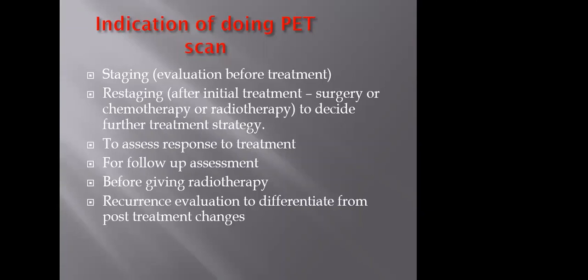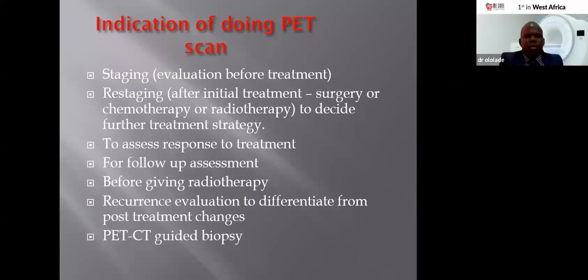Now, this is again one of the best indications where no other modality, not even CT or MR, can help, because the changes seen on MR or CT scan are misleading, and there have been instances of over-reporting or calling post-treatment changes disease recurrence, where PET CT gives you a definite answer whether it is recurrence or post-treatment change.